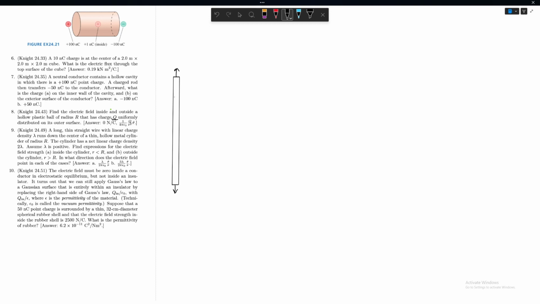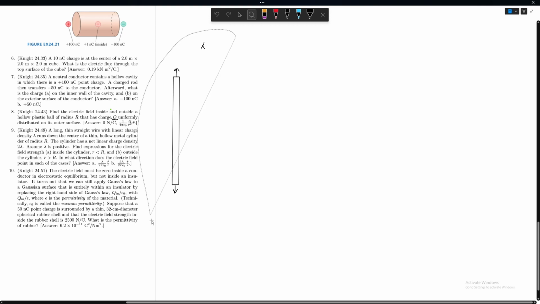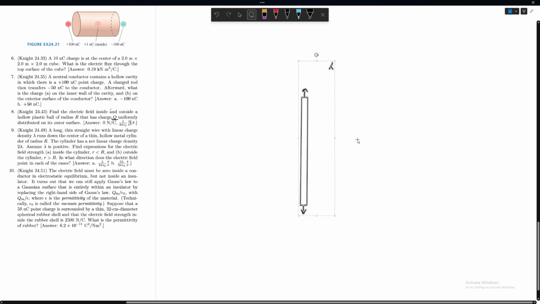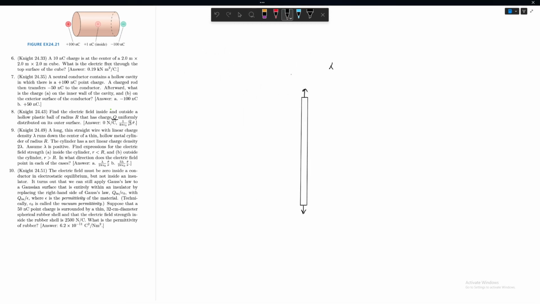Straight, with linear charge density lambda. So it has some charge density lambda. It runs down the center of a thin hollow metal cylinder of radius r. Okay, so I did not see that one coming. So it runs through the center of a thin hollow metal cylinder.